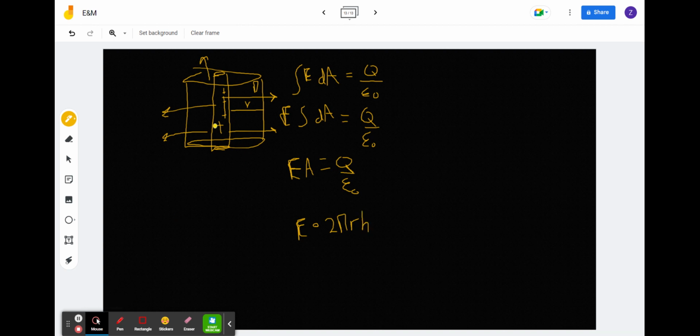And something I forgot to mention is that for the cylinder, we're assuming that the charges are uniformly distributed, meaning they have a volumetric charge density of Q by volume. Anyway, so E times 2 pi r h is going to be equal to Q over epsilon naught.